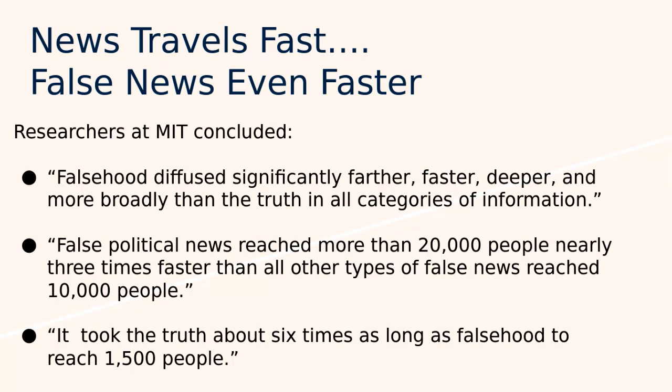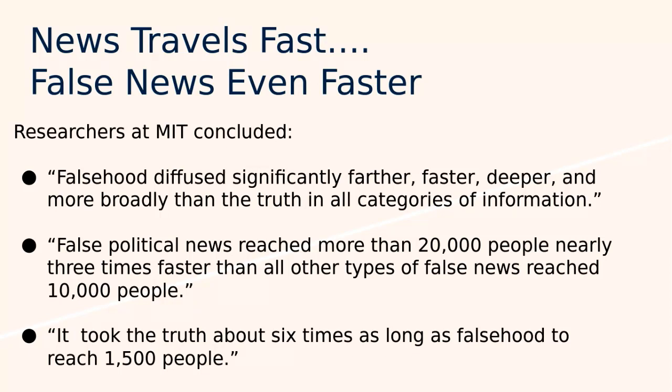Researchers at MIT analyzed retweets from 2006 to 2017 and came up with some really interesting conclusions. So they found that falsehood or false information was diffused significantly farther, faster, deeper, and more broadly than the truth in all categories of information.